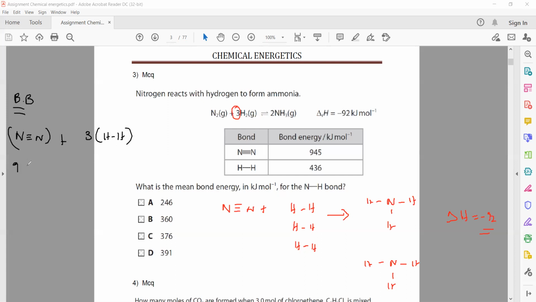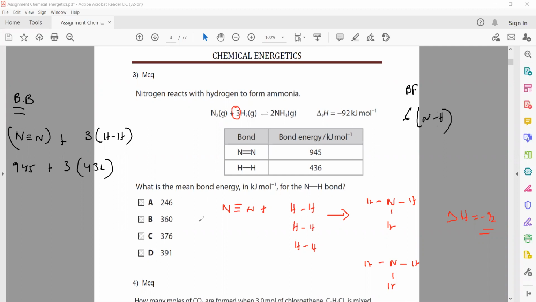So this will be 945 plus 3 times 436. That's bond breaking. Then bond forming, the bonds which are formed: N-H bonds are formed 1, 2, 3, 4, 5 and 6. So there are 6 N-H bonds formed.